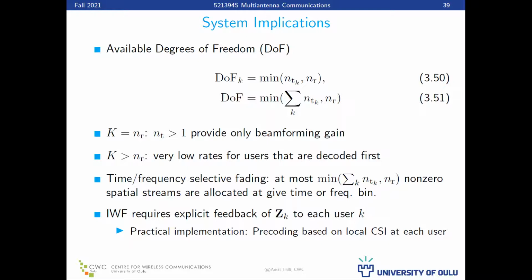So when you have as many users, they have 4 antennas here and 4 users, but each user has multiple antennas. Because you have individual power constraints per user, if you don't assign any streams to this user, but assign 2 streams to that user, we would not use this power at all, right?